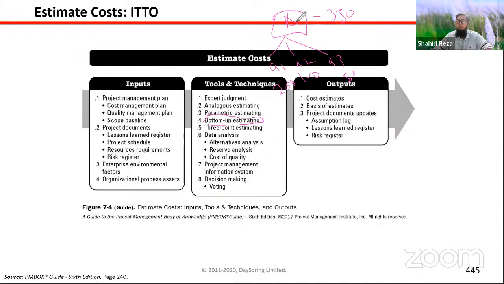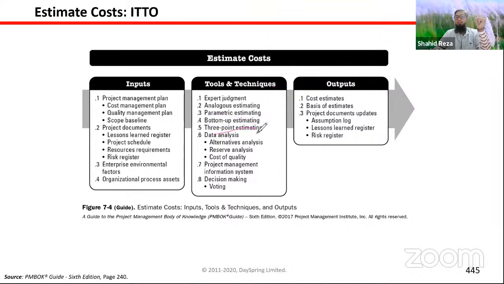So we are breaking that big activity into smaller activities, then calculating the estimates, then doing bottom up, aggregating everything, we get the cost of the big chunk of task. From the bottom we are estimating the cost for the upper activity. That is known as bottom-up estimation.